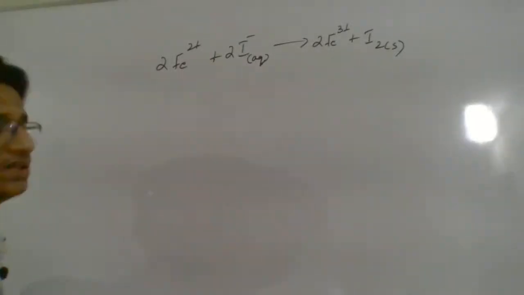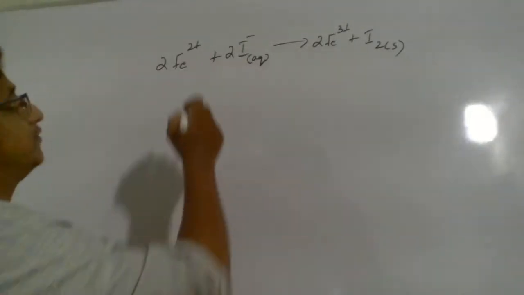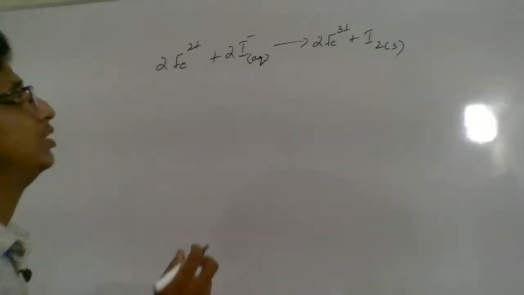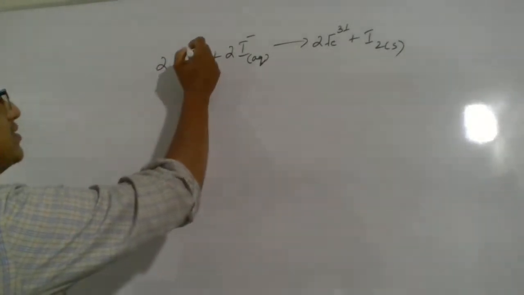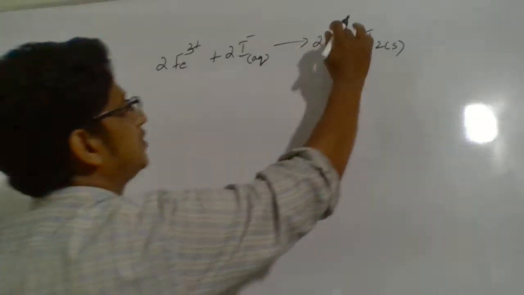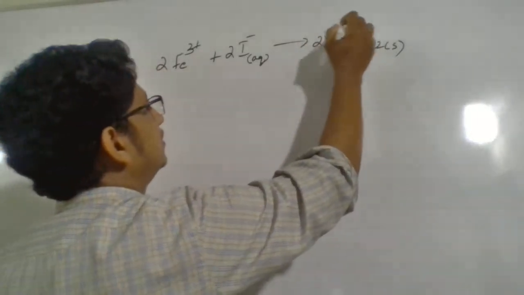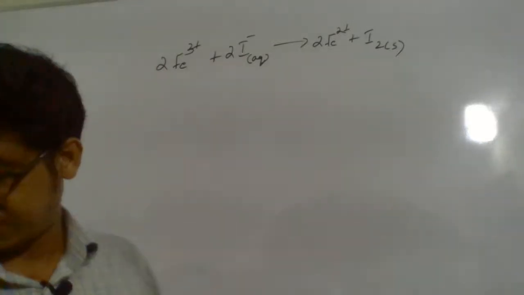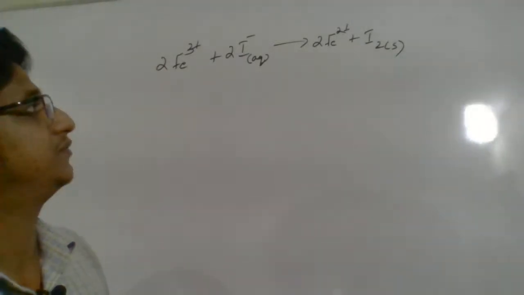So this is the case where Fe2+ ion converts to Fe3+, and Fe3+ is converted into Fe2+. So it is oxidation for iodide ion and reduction for ferric ion; Fe3+ ion is reduced to Fe2+.